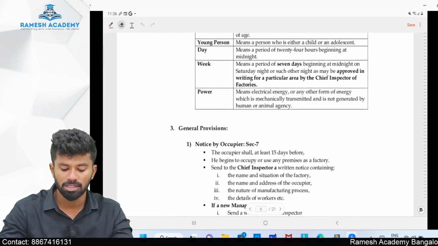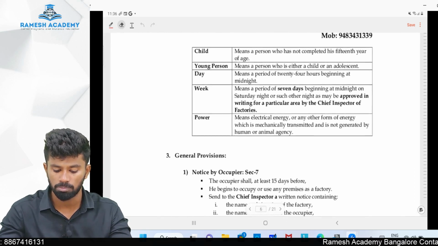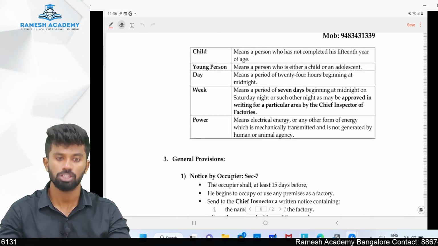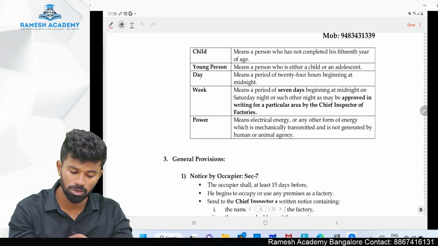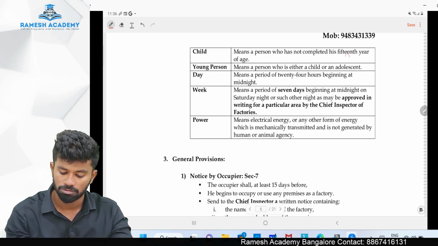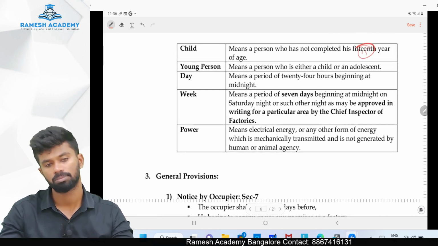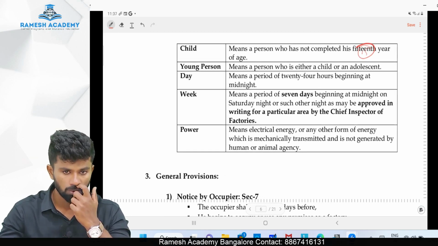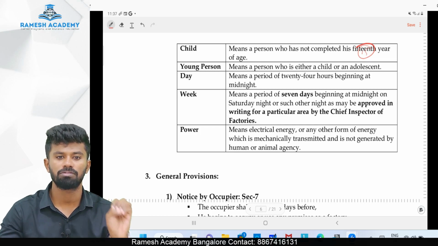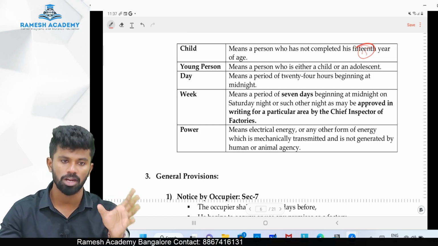Then child means a person who has not completed his 15th year of age, a person who is below 15 years. Below 15 years is considered as a child.